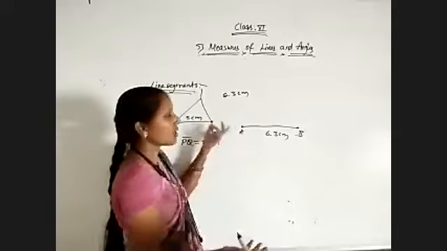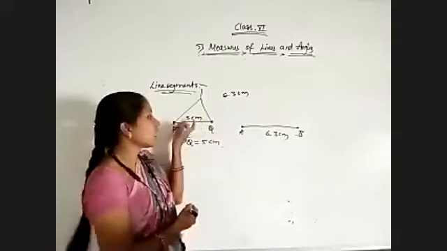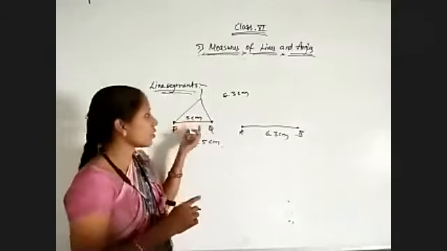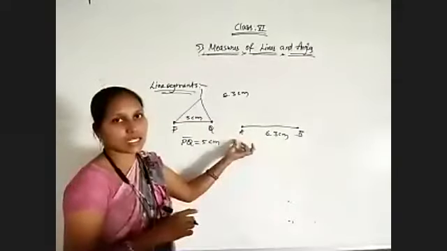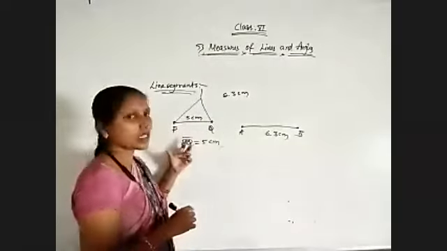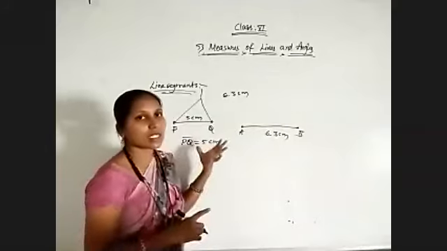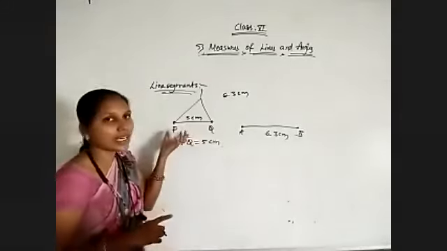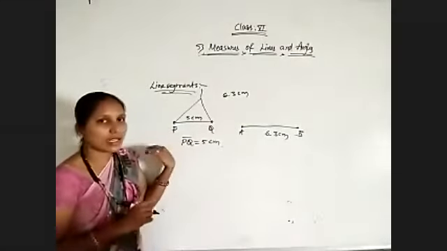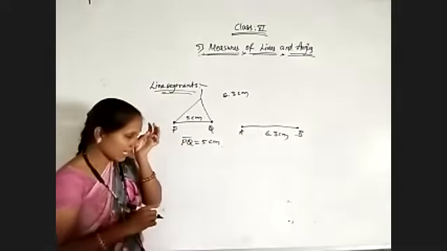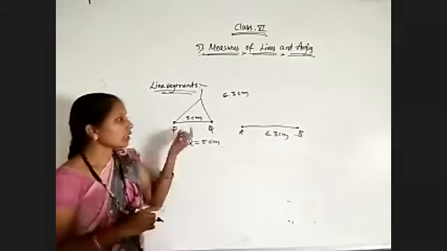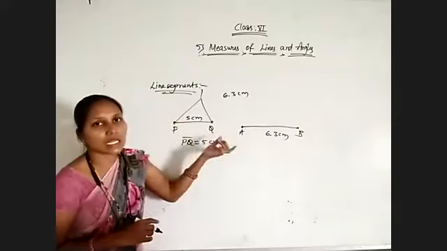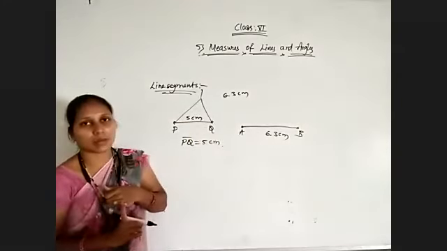Just by using that instrument, we will see. With the divider, we need not measure the length of the line segment, so it will give correct results and use less time. That's why divider is easier to use than scale. Okay, and next, if two line segments are equal in length, they are said to be congruent line segments.